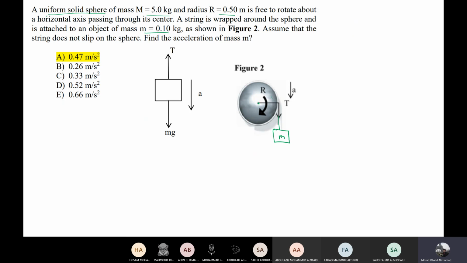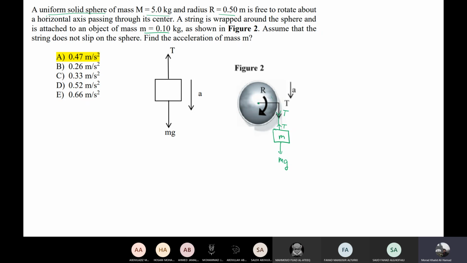We need the acceleration. Here we have two bodies: the pulley, or the sphere, and the mass. So what we will do is draw the free body diagram. Here we have mg. Here we have the tension for the first particle. For the sphere, here we have only tension.